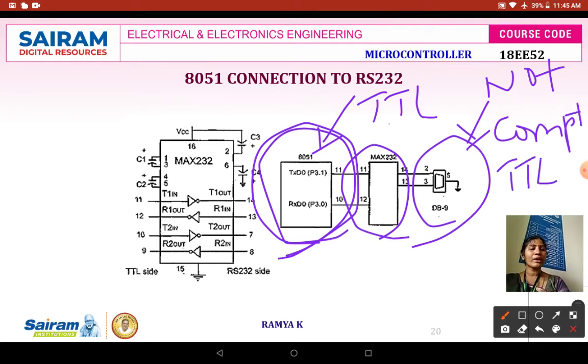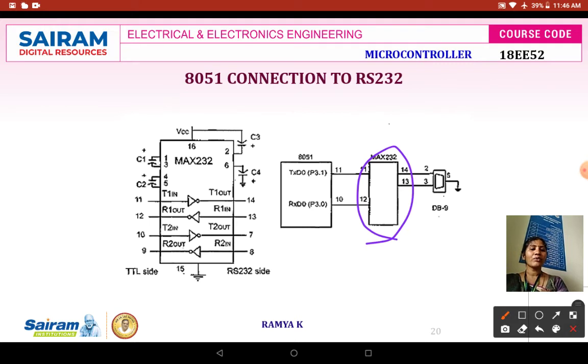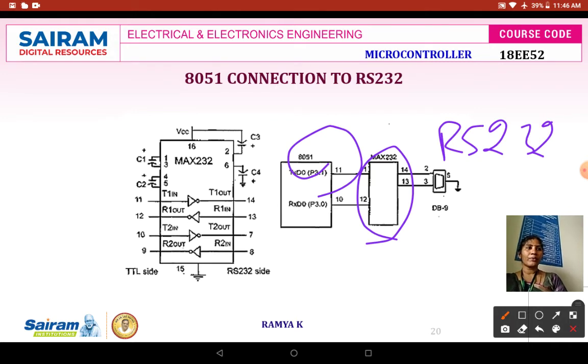To make it compatible, only then can the synchronization happen between these two, right? Then only you can transmit or receive any data without any loss in data. So we need to connect the chip called MAX232 as an interface between your RS-232 and 8051 microcontroller.